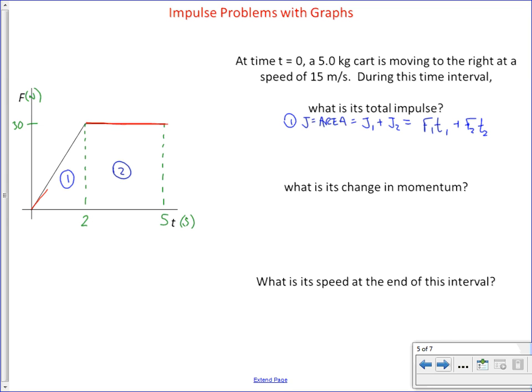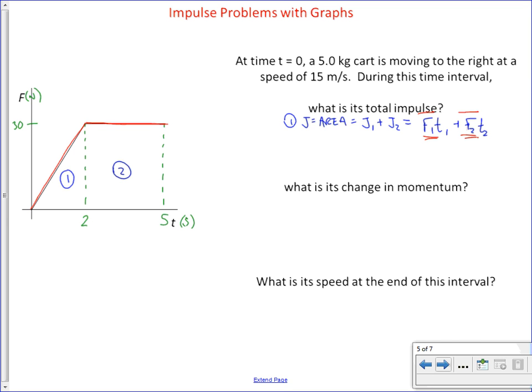This one, we have a force that varies linearly from one value to another. One of those values happens to be 0. But what we really have to make sure we always do is use that average. Whether you're thinking of them as areas or thinking of doing F average times T, you're doing the same physics. I prefer to stick with really making sure we're thinking physics style, so I'm going to do that method.